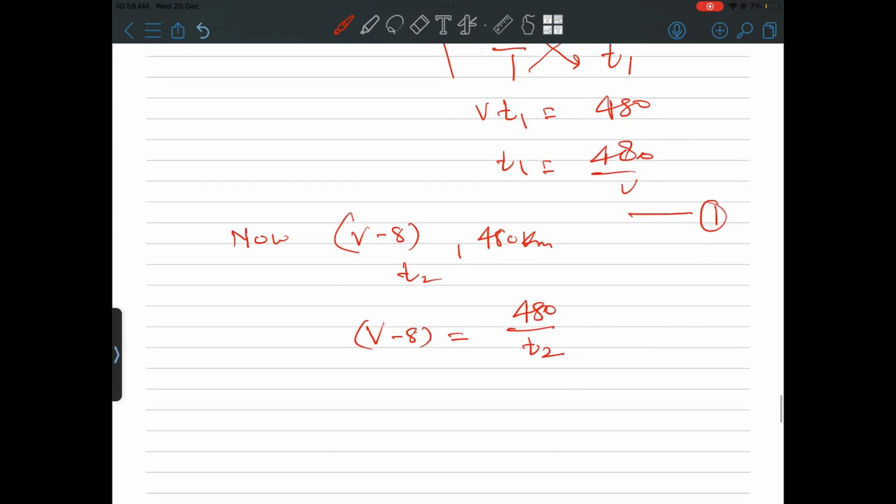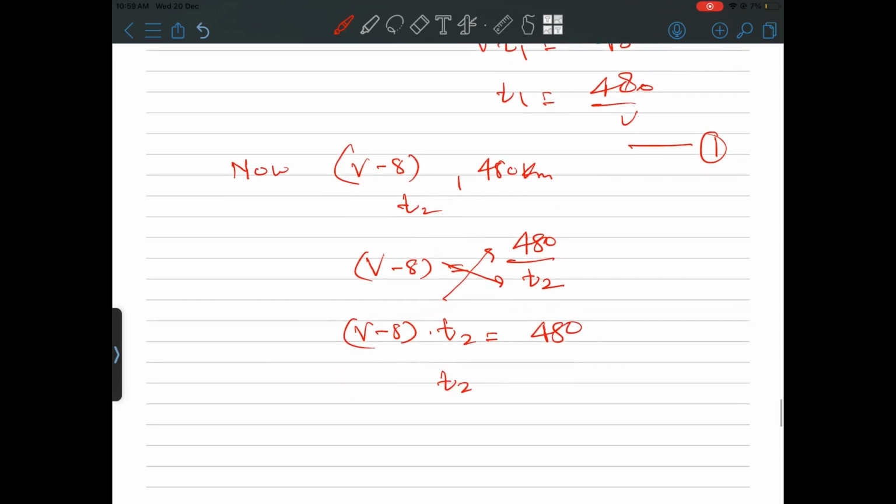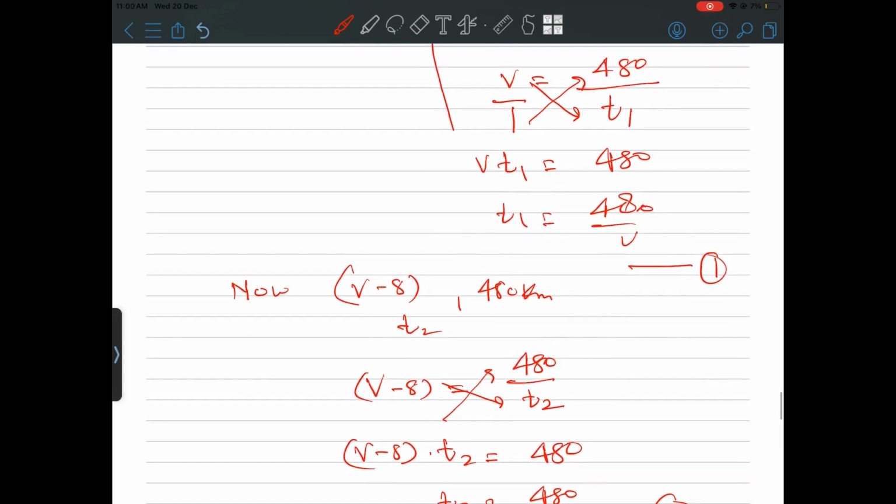Just assume t2. Similarly, multiply again, so v minus 8 into t2 is equal to 480. Now t2 is equal to 480 upon v minus 8. Equation number 2.